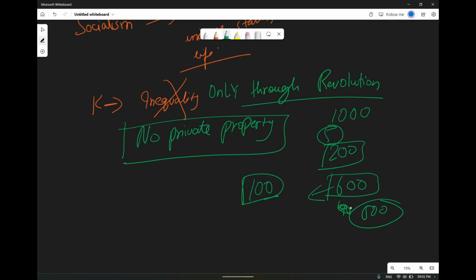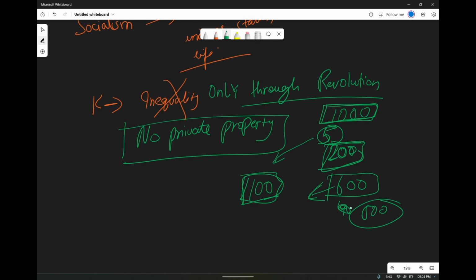Are you getting this term or not? When I am making money of 1000 from the factory, 5 people are working in the factory, and each should get 200 equally. But what we are doing is 4 people get a salary of 100 each, and the fifth person, who is the owner, gets 600.